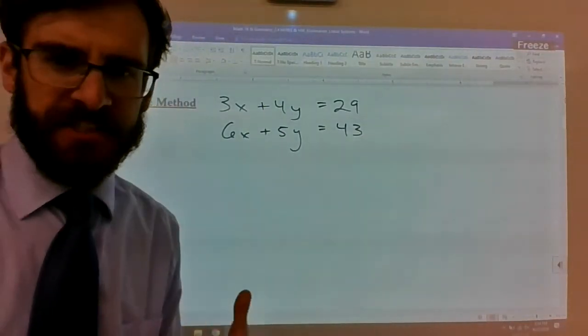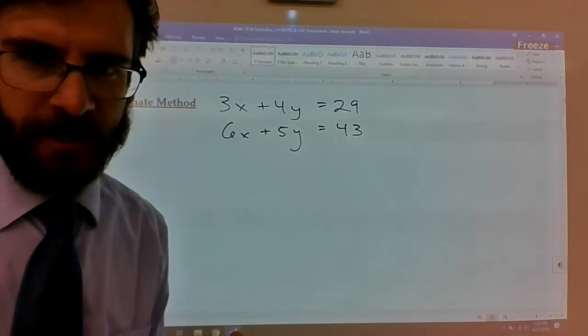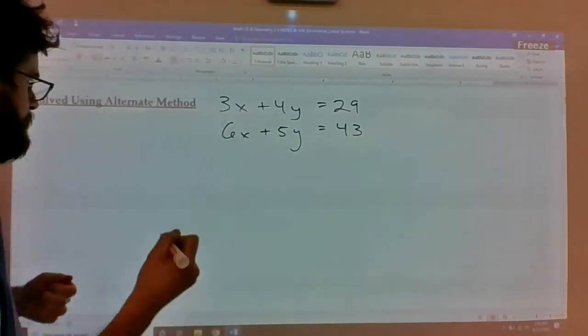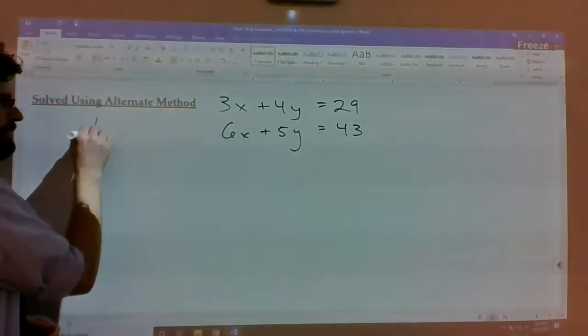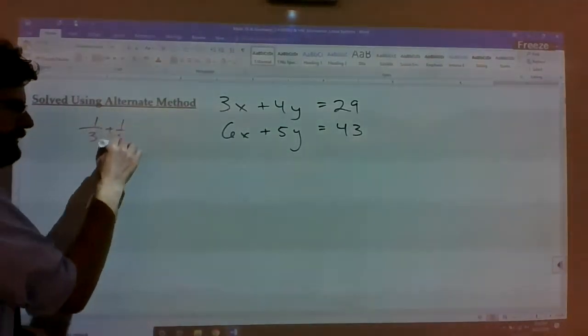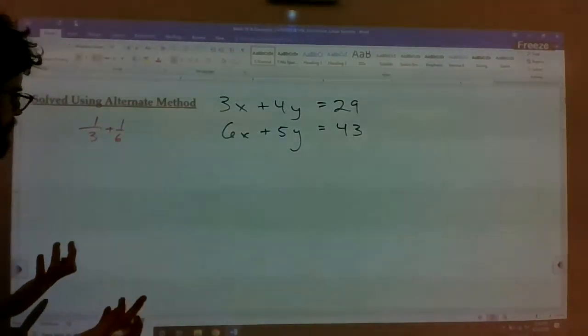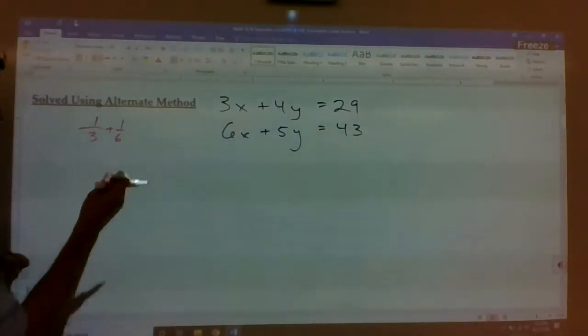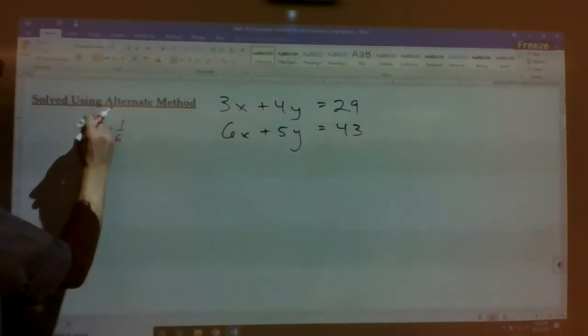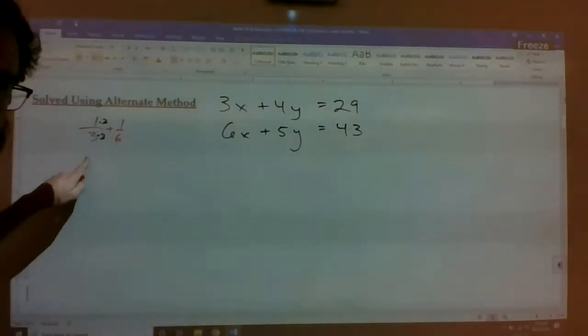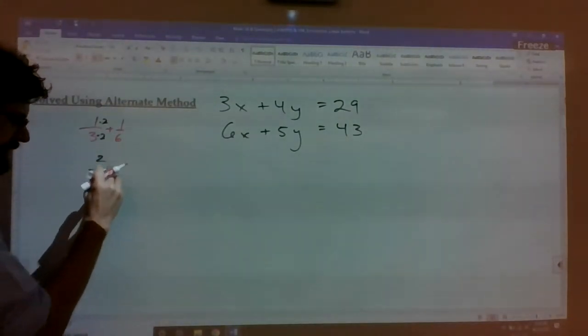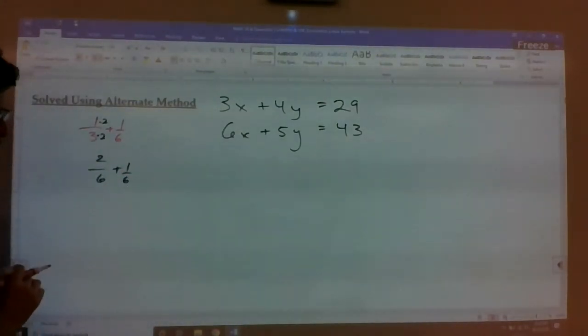So think about this as if you're trying to find a common denominator. If you were trying to add 1/3 plus 1/6 together, the common denominator would be a 6. So you'd multiply the top and bottom of that by 2 to make 2 over 6, so that you could add the two together.